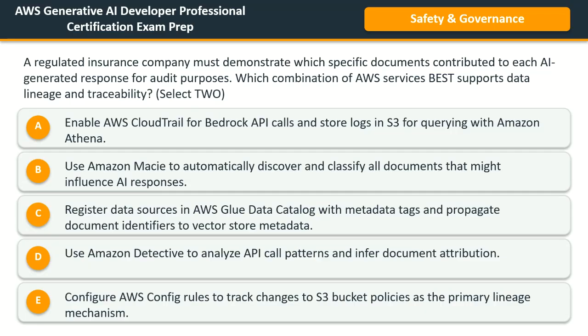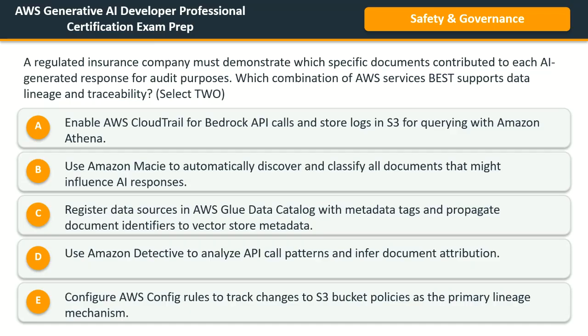B, use Amazon Macie to automatically discover and classify all documents that might influence AI responses. C, register data sources in AWS Glue Data Catalog with metadata tags and propagate document identifiers to vector store metadata.